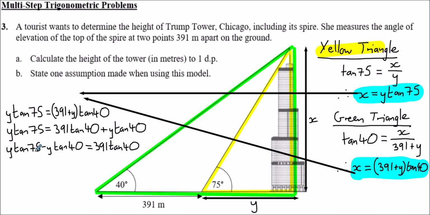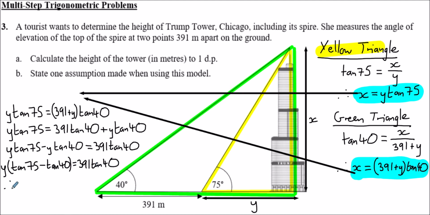Here now I have a common factor of y, so I can now factorise this. So y brackets tan 75 minus tan 40 equals 391 tan 40.